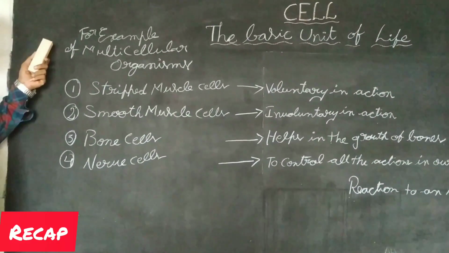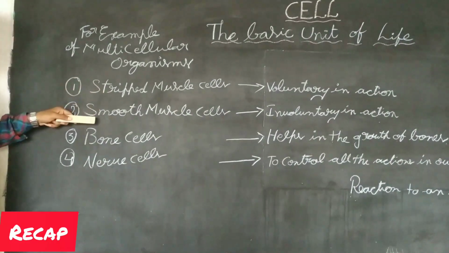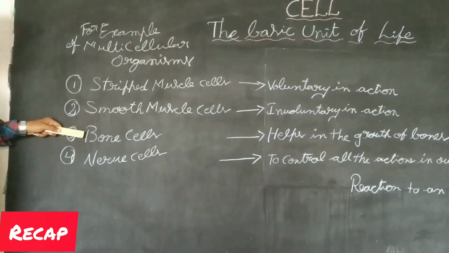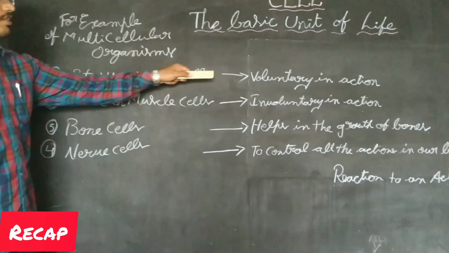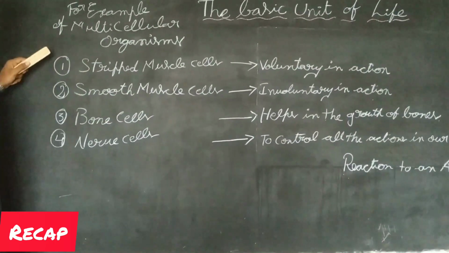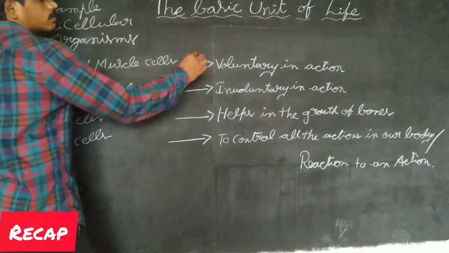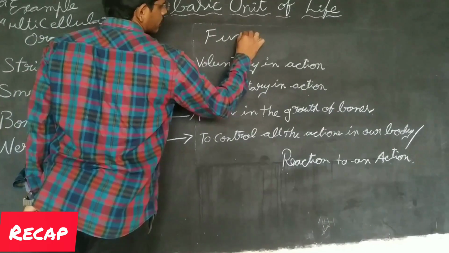Multicellular organisms are striped muscle cells, smooth muscle cells, bone cells and nerve cells, and here are the functions of the four multicellular organisms. They are the functions.